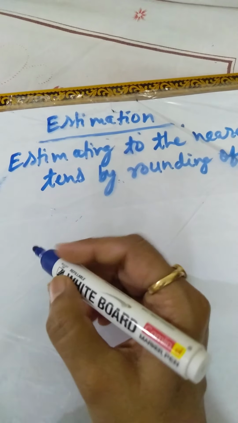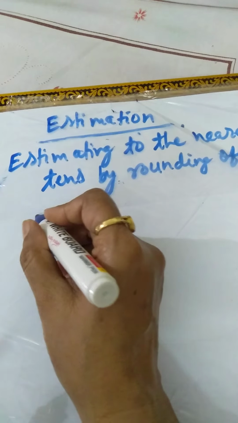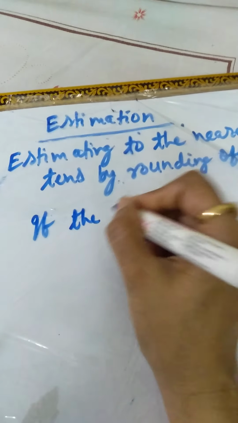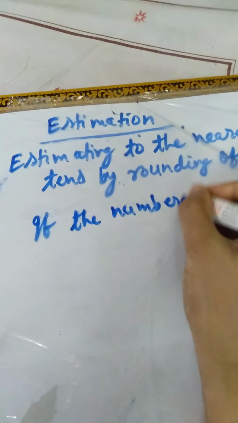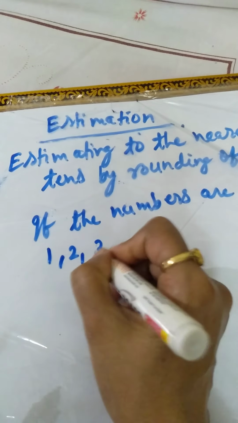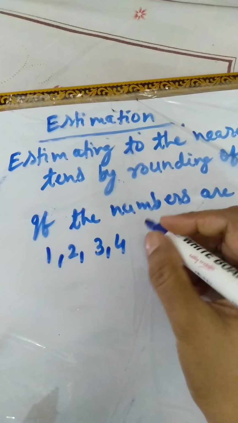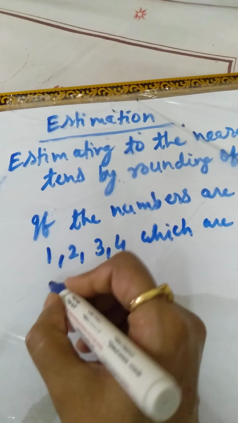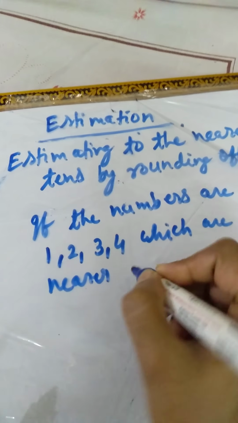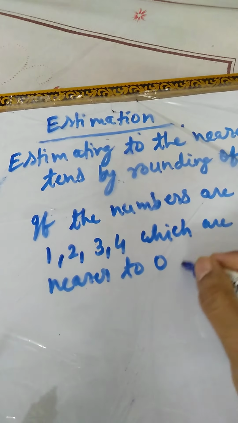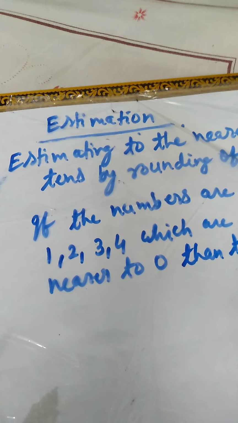Nearest tens, if the rules are, if the numbers are 1, 2, 3, 4, which are nearer to 0, then to 10.